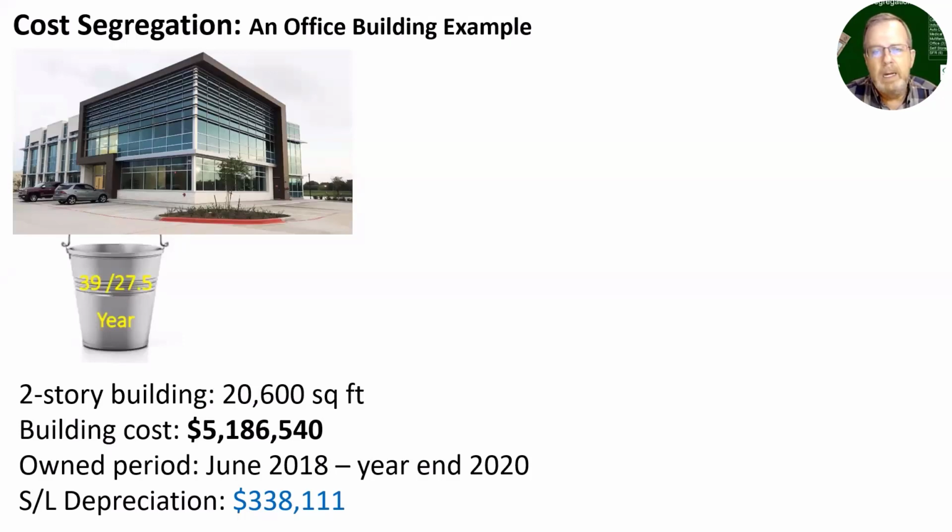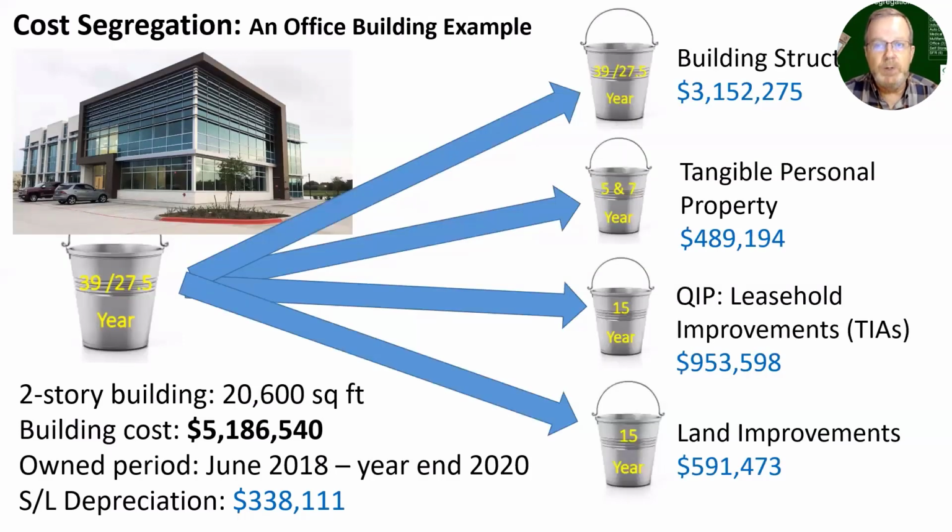We did a study and broke it up into these categories. You can see there's still quite a bit there for building, but all these other categories had a lot of money associated with them. So that's all things that are going to be accelerated, right? They can be written off sooner. Now, once we have that all broken down, there's some other tax laws that come into effect. You may have heard of bonus depreciation.